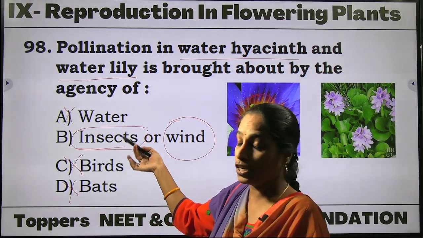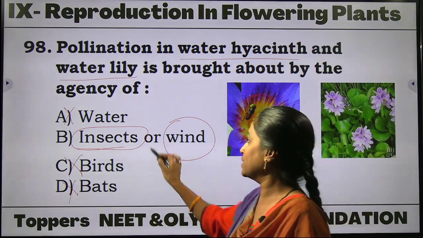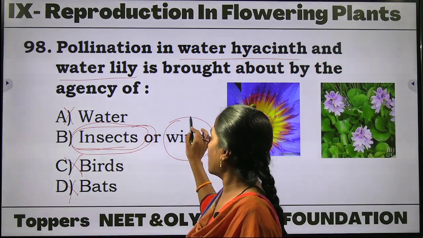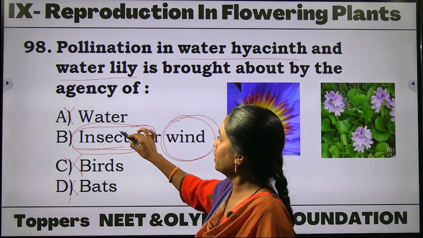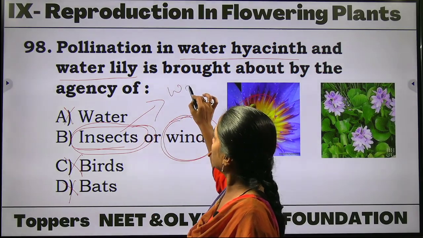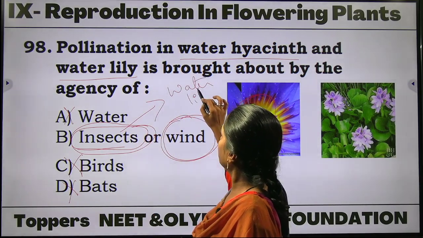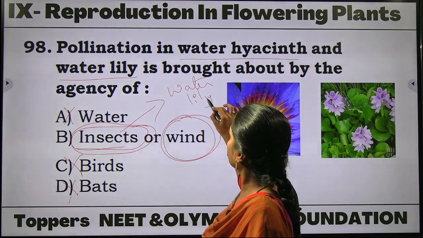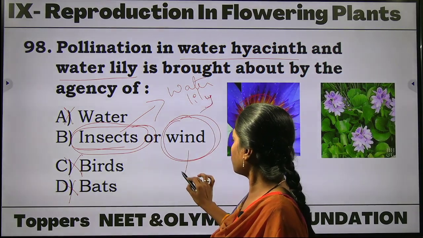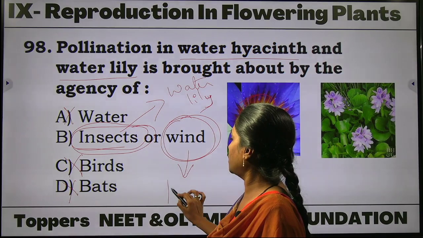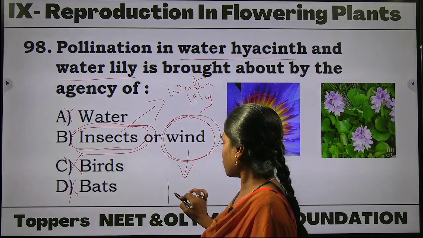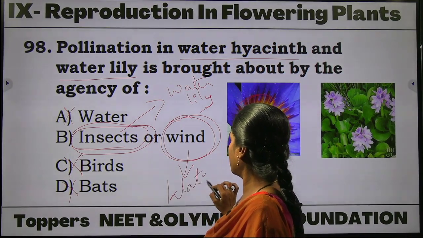Water is given, it might be in water lily, but insects play a very major role in water lily, and the wind is acting as a pollinating agent in the water hyacinth.